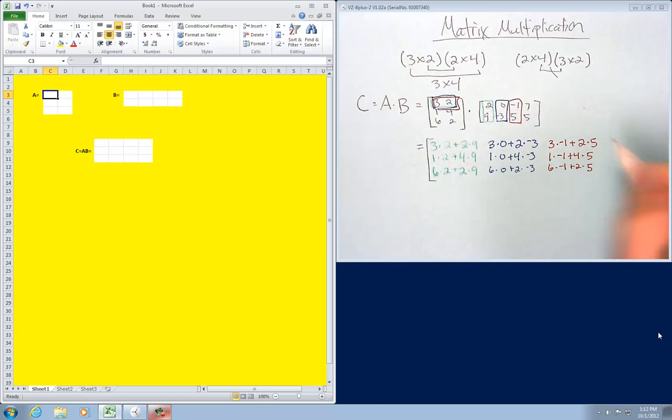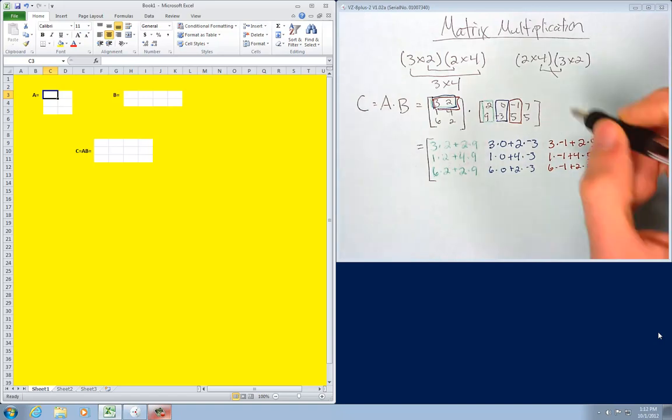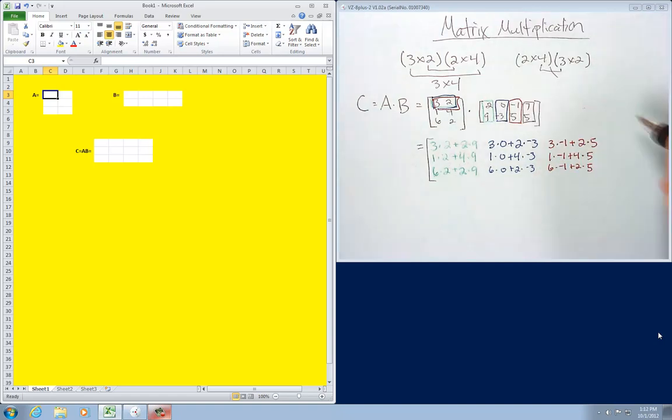And we'll use black for the last column here. 3 times, that's right, 7 plus 2 times 5. 1 times 7 plus 4 times 5. 6 times 7 plus 2 times 5.